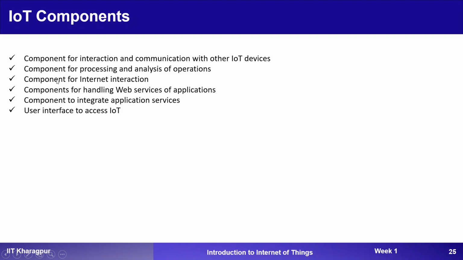Further, the third layer is the service layer. These devices need some services, so with the help of this layer, they get the services. And this is the interface layer. Your end users interact with the IoT devices with the help of this interface layer.